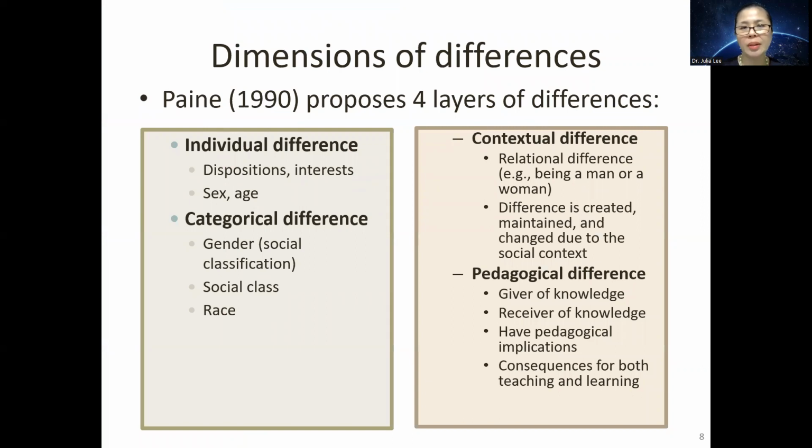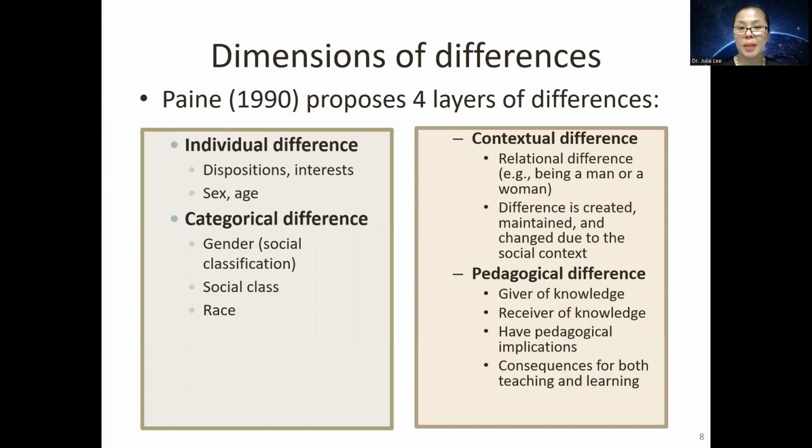According to Payne, there are 4 layers of differences. Individual differences comprising dispositions, interests, sex, age. Categorical difference: gender, which is a social classification, social class, race. Contextual differences, the relational difference. What does it mean to be a man or a woman?